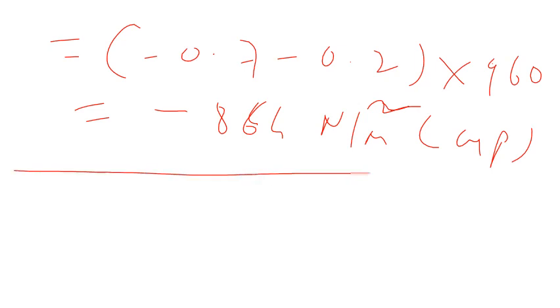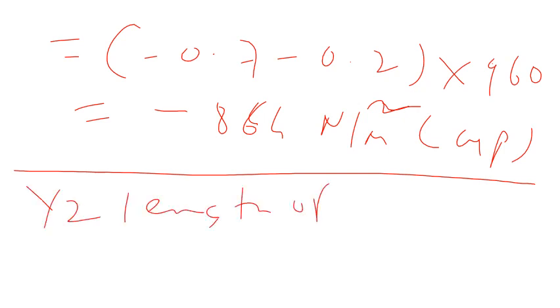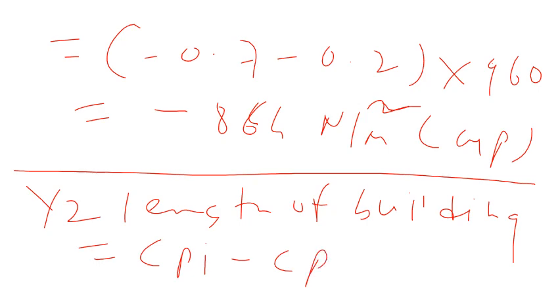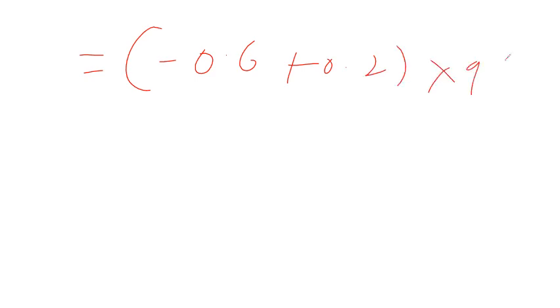Now the second case, in case of the wind parallel to the ridge, is on 1/2 length of the building. So the formula will be again the same, CPE minus CPI into PD, right? The external pressure coefficient in this case was minus 0.6. Consider the internal coefficient as plus 0.2 multiplied by 960.